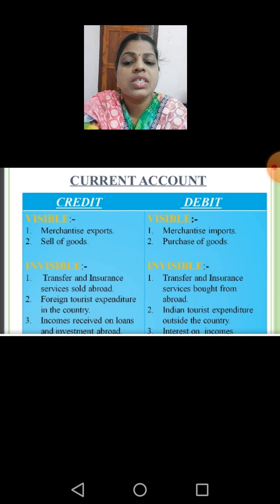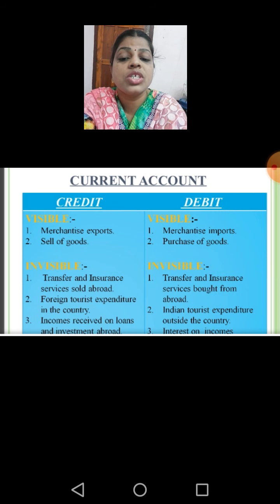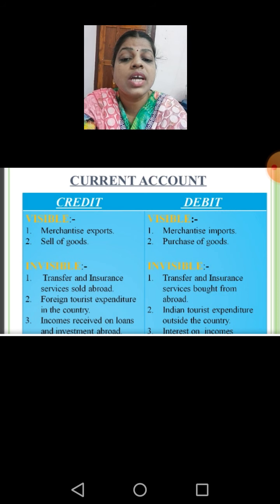But in credit, I told you that what are the exports, merchandise exports means the exports of goods. That is selling of goods. If we sell our goods, we can earn the payments for such goods. And that is all added to the credit item.